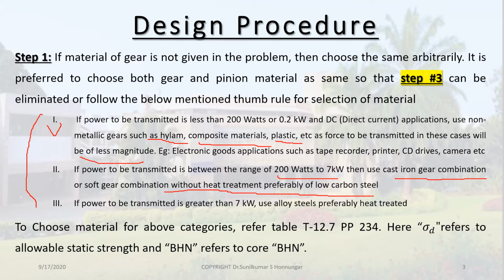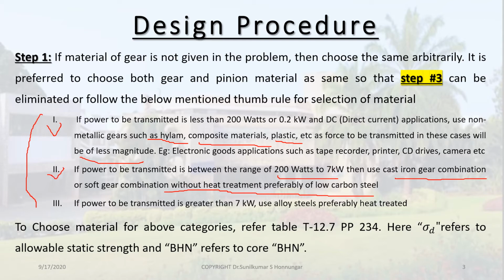And the reason is, it is up to 7 kilowatt only, and if you do heat treatment or select any high strength material, cost will be beyond need, and it is not advisable also. In that context, you follow step number 2 recommended for material selection depending upon power.